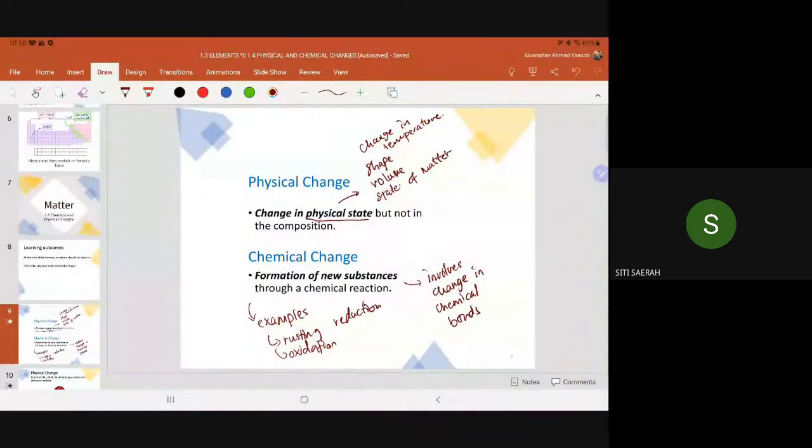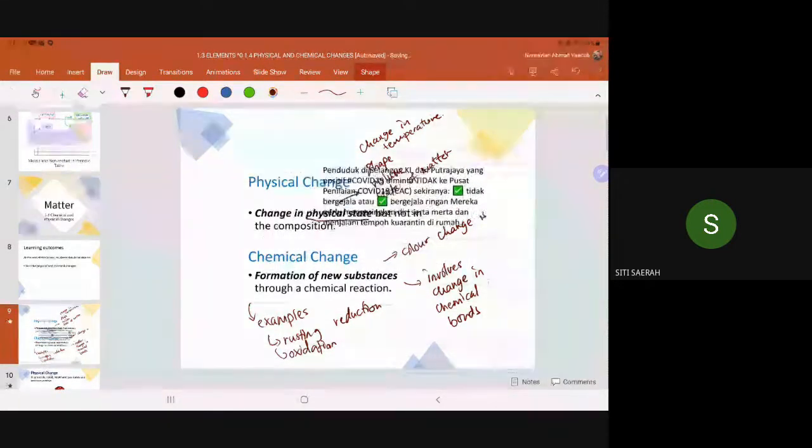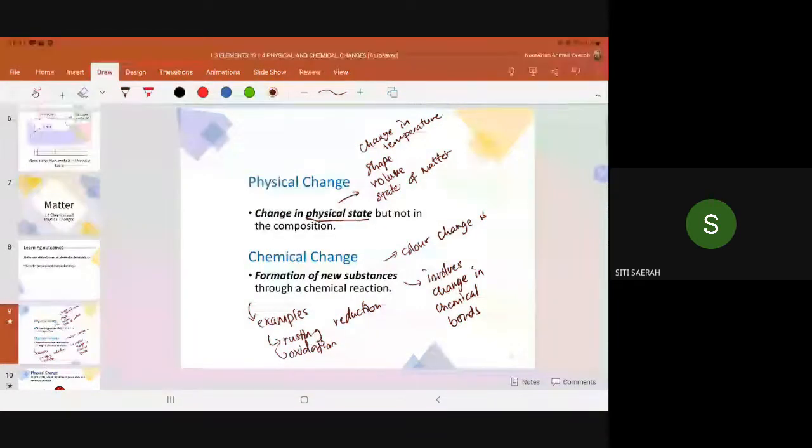Okay, warna selalunya petunjuk lah. So, color change is often related to chemical change. Okay.